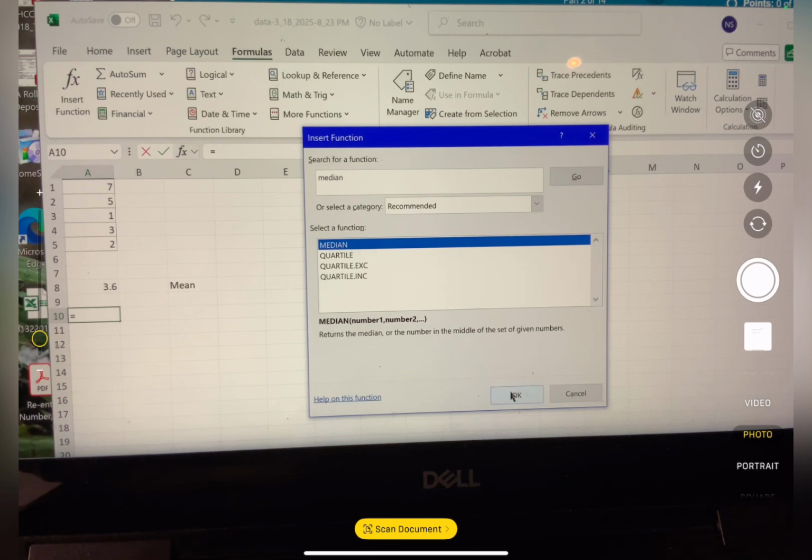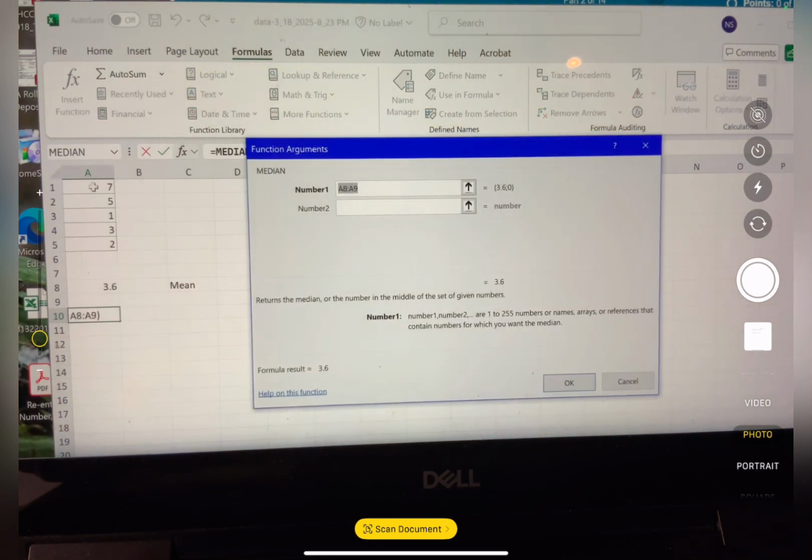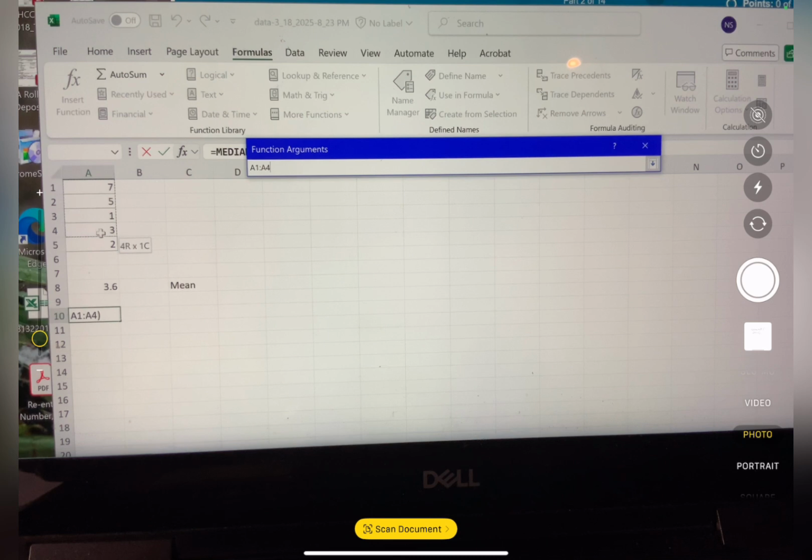I'm clicking OK, and then again I have to handle the range.